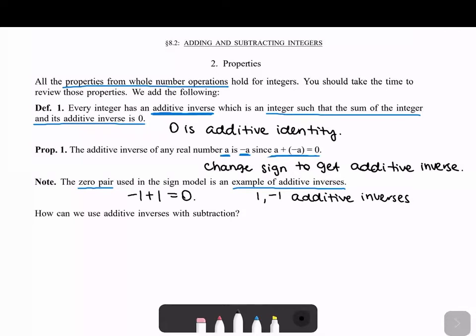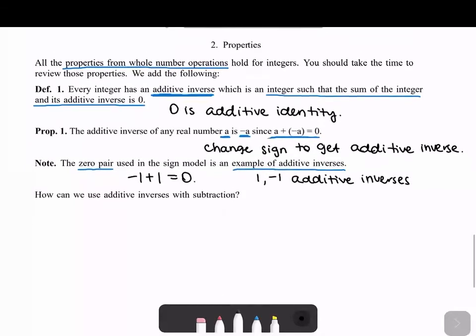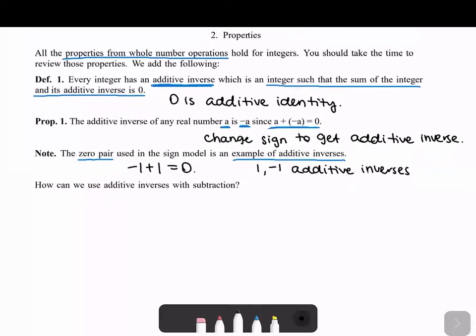So how can we use additive inverses with subtraction? We can use this to help formalize what we've been talking about the whole time, that these negatives and minus signs cancel.